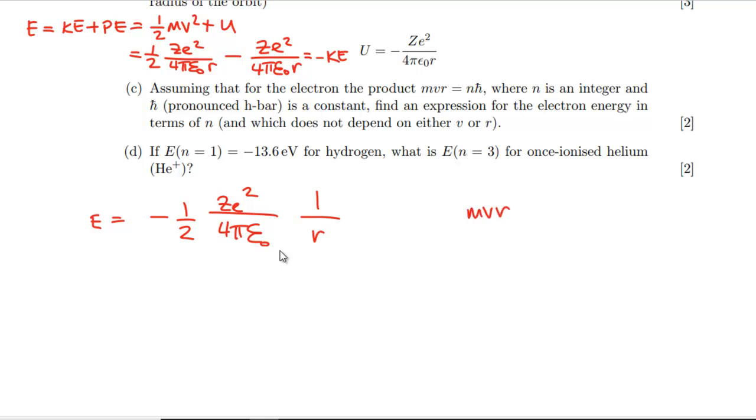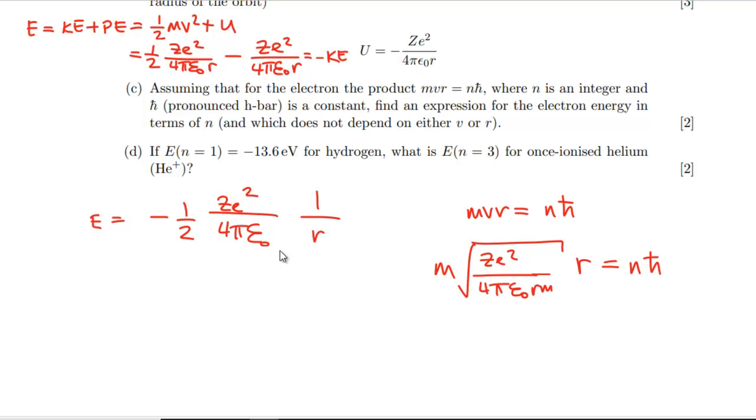So we've got mvr equals n h bar. We also know what v is. So that is m times the square root of Ze squared over 4 pi epsilon 0 rm, multiplied by r, is equal to n h bar. This is going to give us an r that we can then eliminate in the other one.